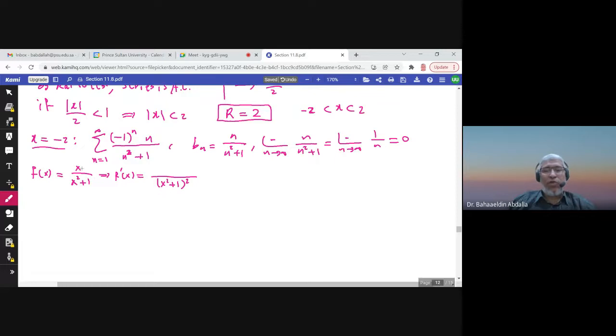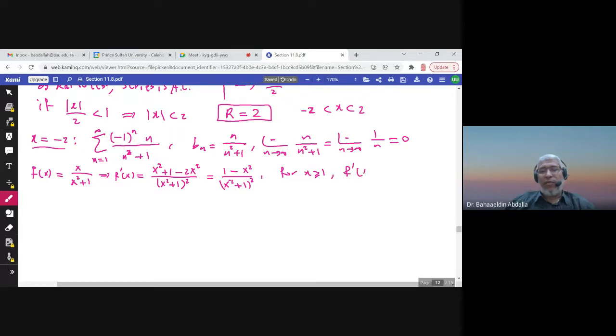Using the quotient rule, derivative of the numerator is 1, derivative of the denominator 2x times the numerator. So I'll have 1 minus x squared. So it's clear that for x greater than 1, okay, can say greater than or equal to 1, it doesn't really matter.